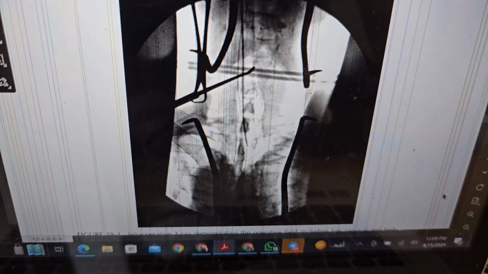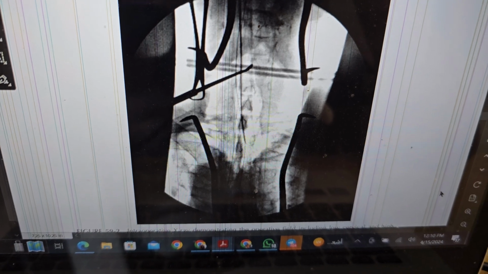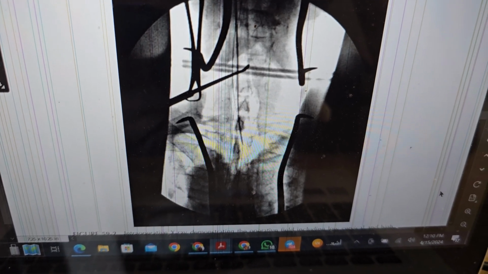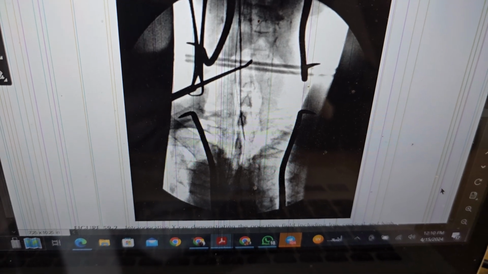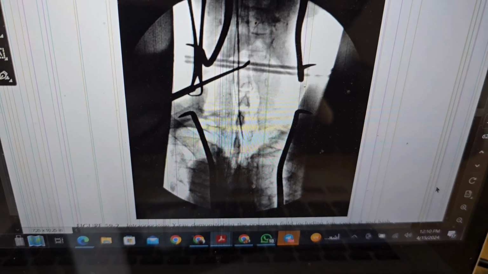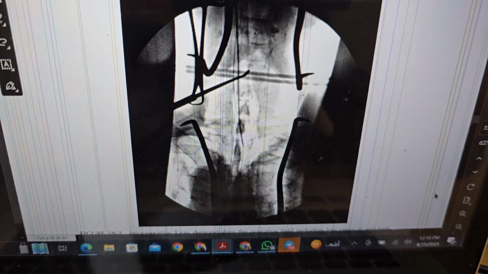If we have to do so, we have to go a few levels above and a few levels below. As I mentioned, C3, C4, C5, C6 we can take, and C7 we can't take, so we have to go to T1, T2, and T3. This is the idea.